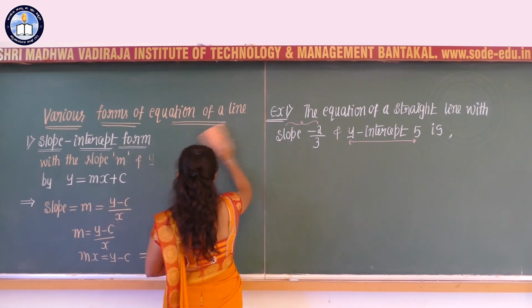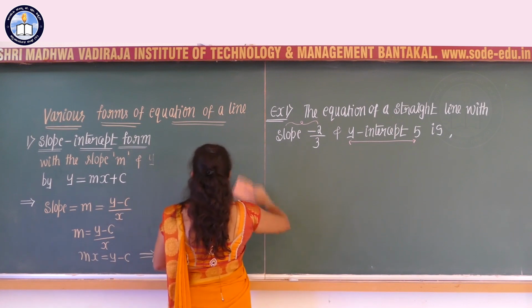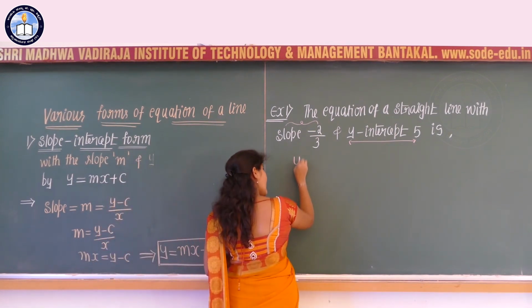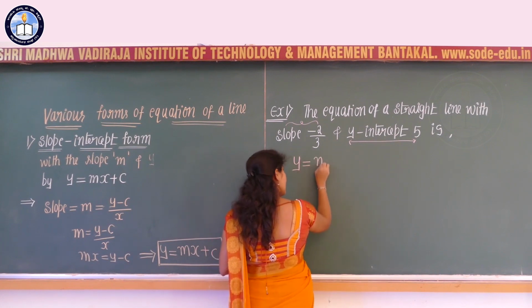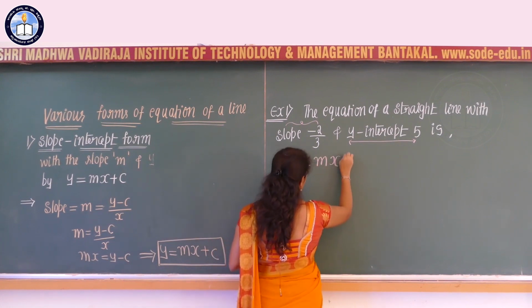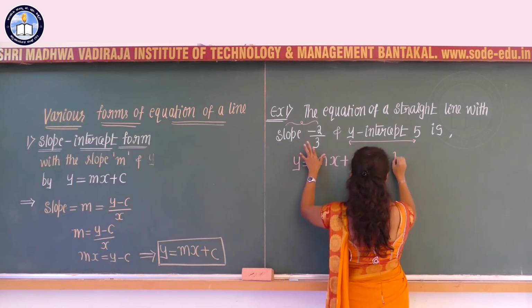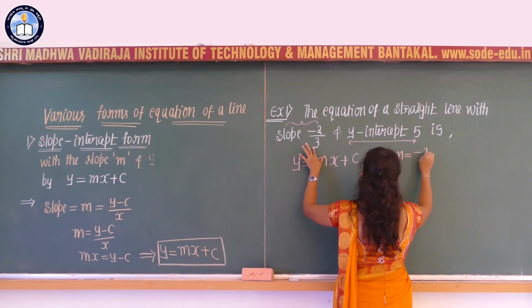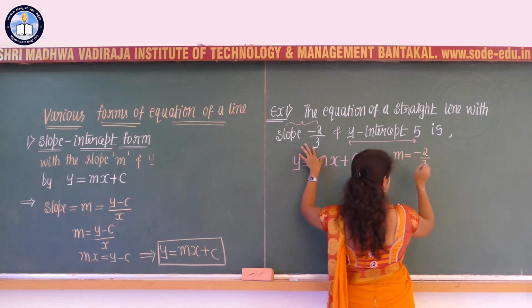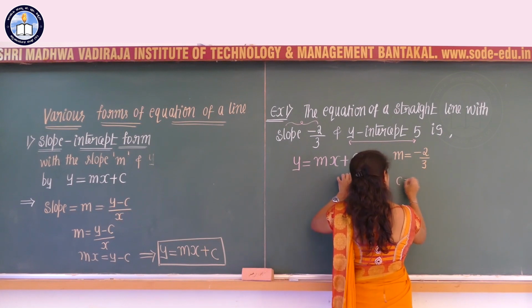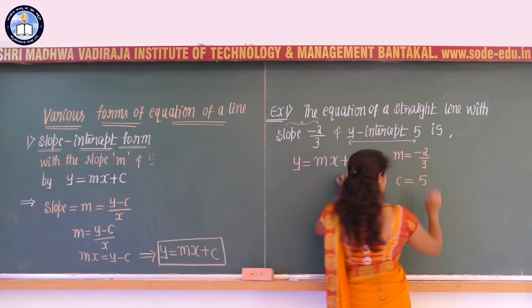Because the m value is given and also the value of c is given. So, I am going to consider this formula, y is equal to mx plus c, and here the value of m, that is slope, is nothing but minus 2 by 3. This is given in the question, and the y-intercept, that is the c value, is 5.